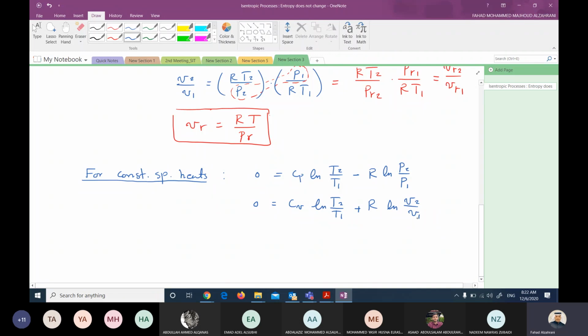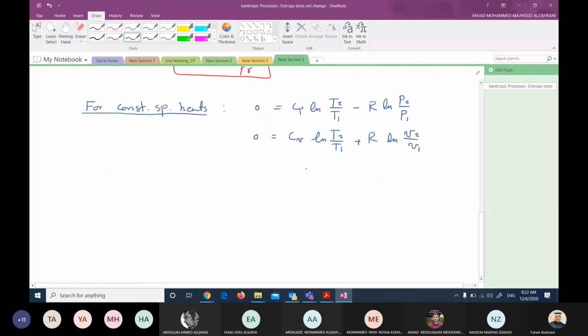Okay, so what is Cp here? Just a reminder, I can use the specific heat ratio. So we have k equals Cp over Cv. So I can rewrite Cp as kR over k minus 1, and Cv equals R over k minus 1.